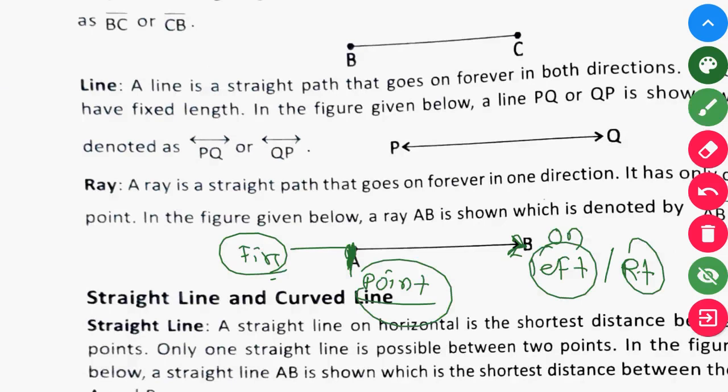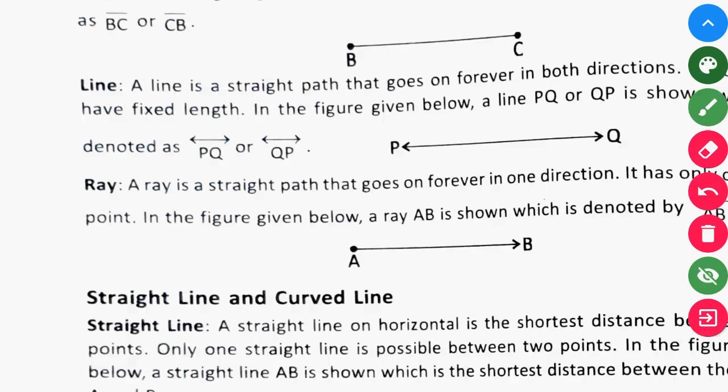Okay, we say light rays are coming from the sun. So the sun is that point, that dot, which is the fixed point, and from the sun the rays are spreading everywhere in the universe, but they have no end. They will come to Earth, they will come to Mars, they will go to Neptune, Uranus, anywhere, because they have no end. So it is a ray.